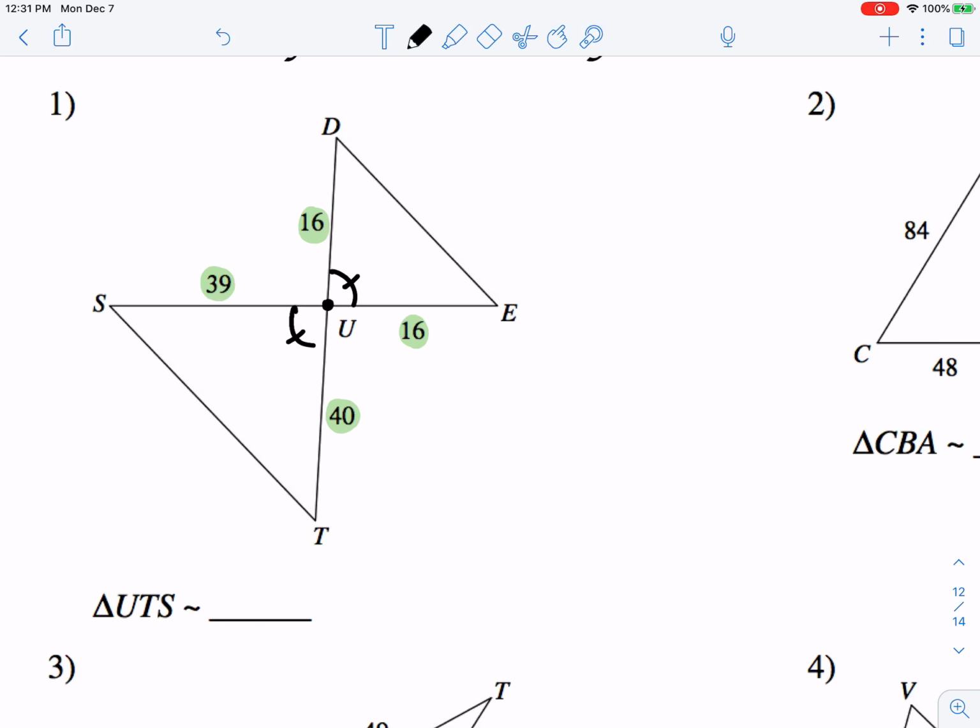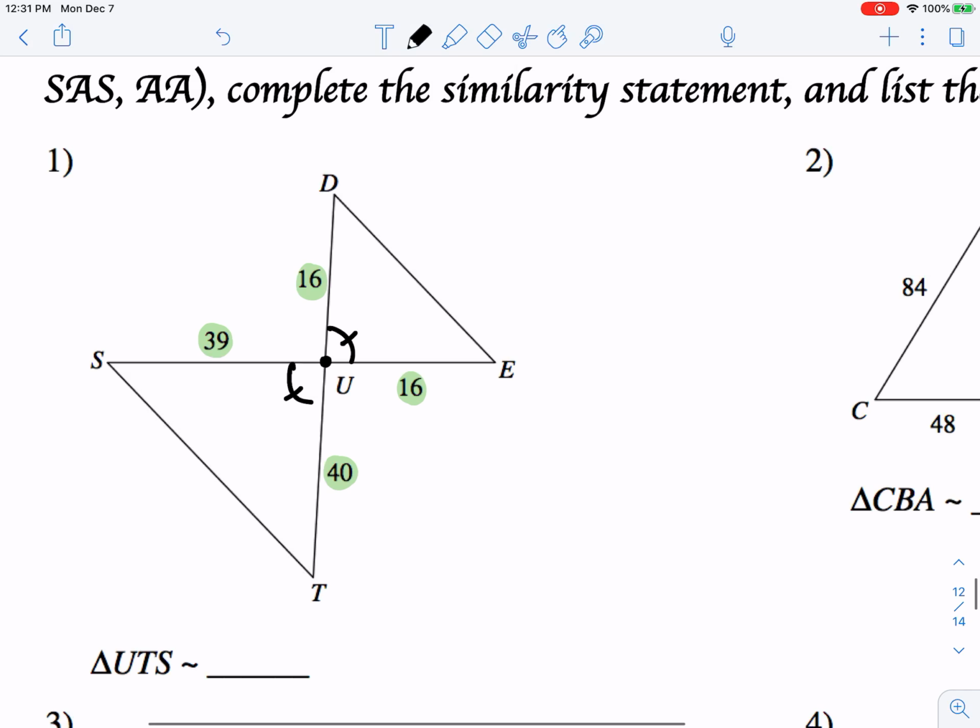So I know a total of 4 sides, and I know 2 angles. So again: side, side, side; side, angle, side; angle, angle. I only know 2 angles, so I don't know 4 angles. I don't know all 6 sides. So if it's similar, it must be by side, angle, side.